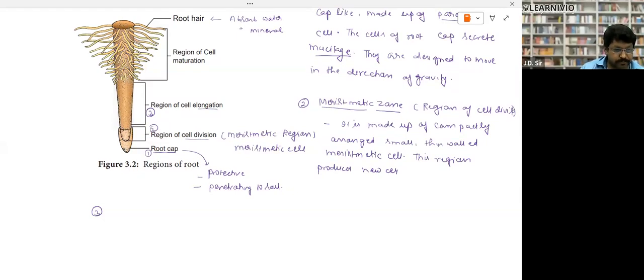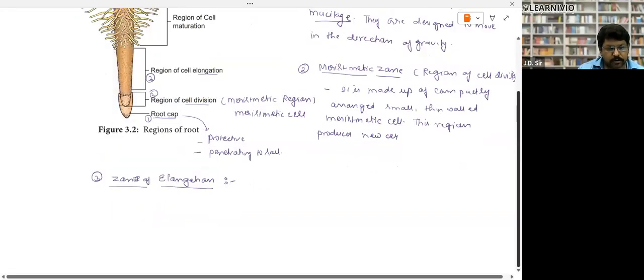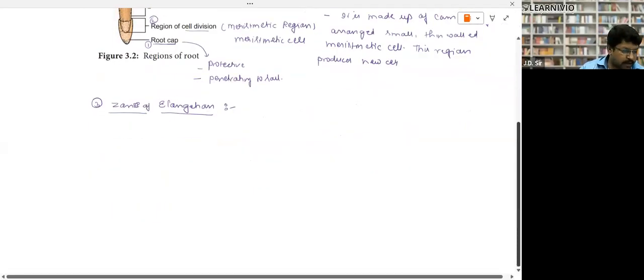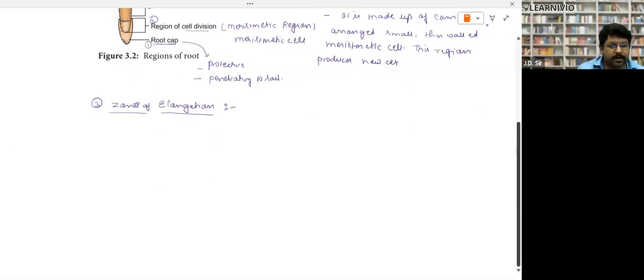The third zone of the morphology of root is the region or zone of elongation. The length of cells increases.